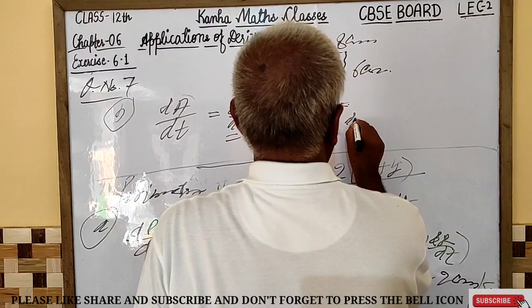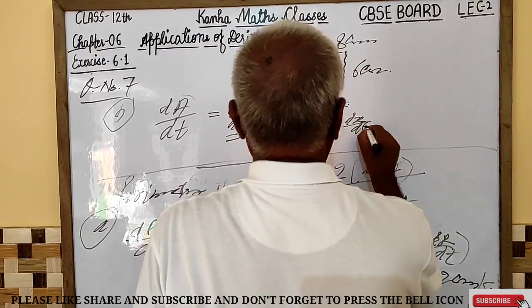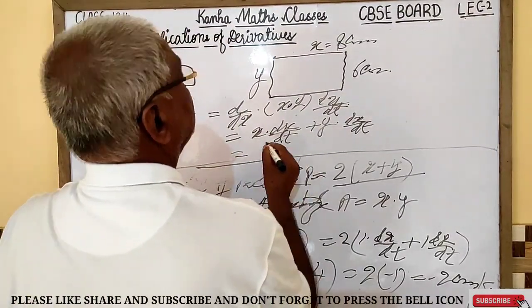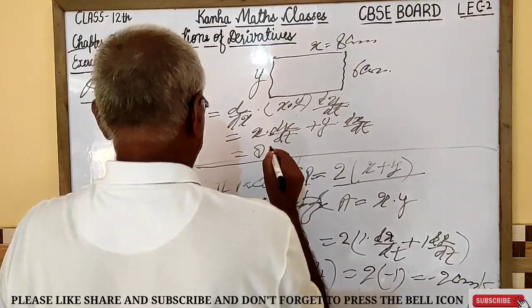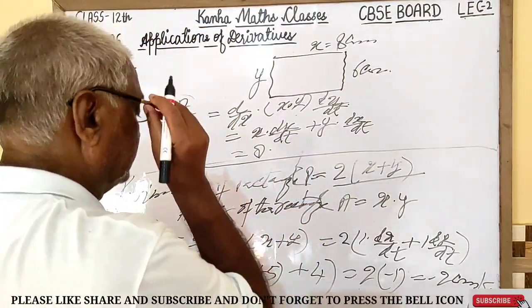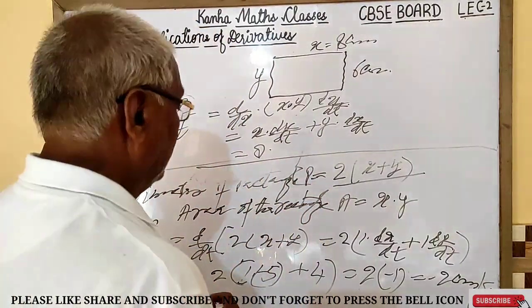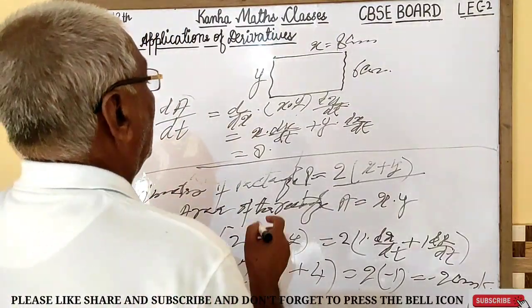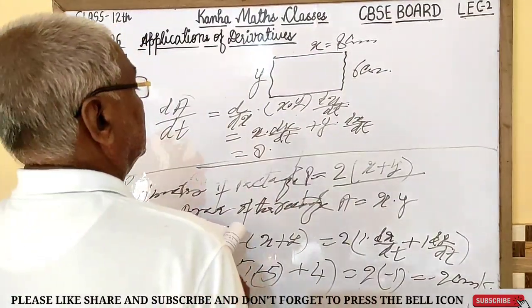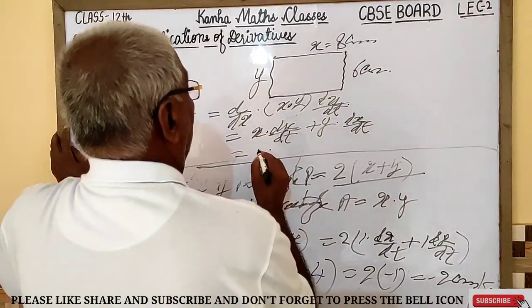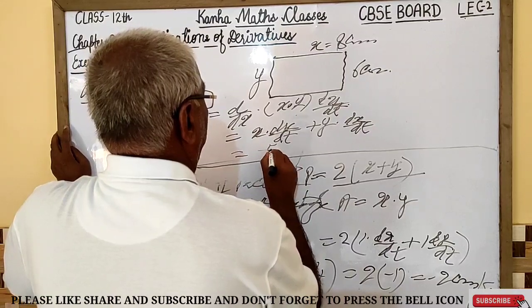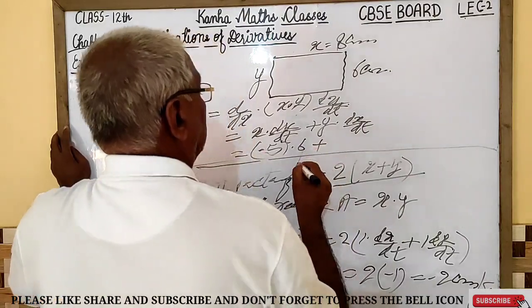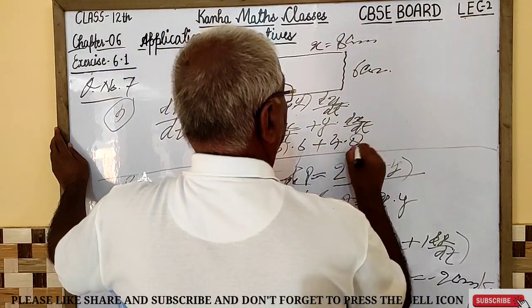Now, x means 8, y means 6, and dx by dt is given. So this will be minus 5 into 6 plus 4 into 8.